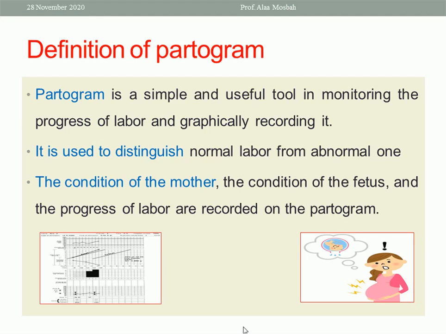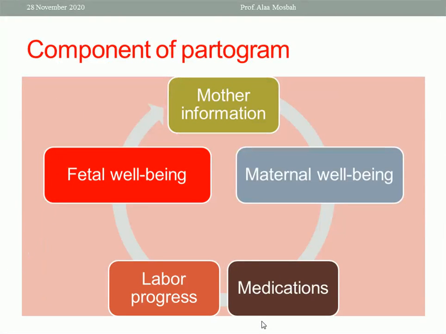The Partograph is used to distinguish normal labor from abnormal labor, and it records the condition of the mother, the condition of the fetus and the progress of labor. The components of the Partogram, as you see here, are mother information, fetal well-being, maternal well-being, labor progress, and medication used during labor.